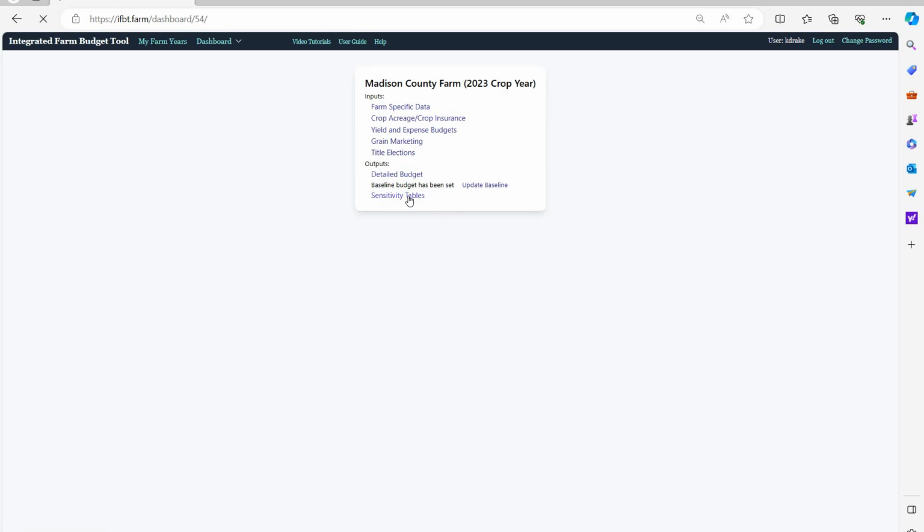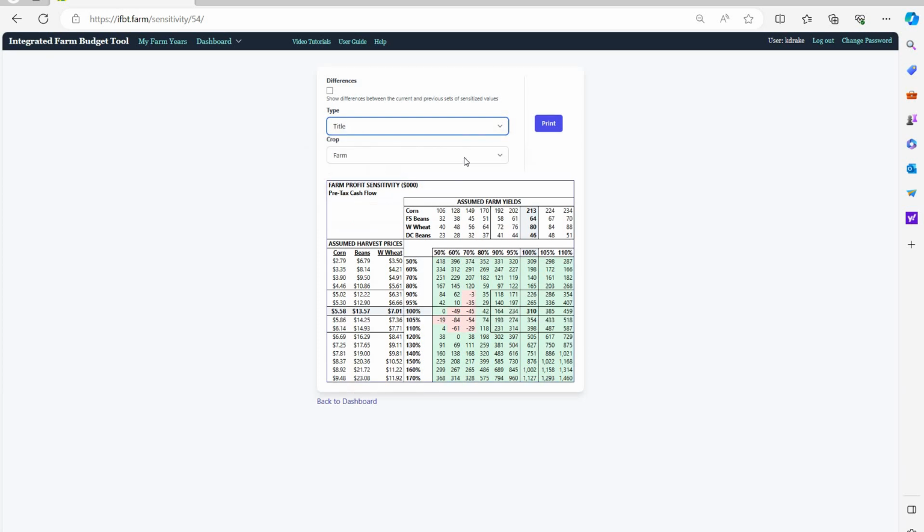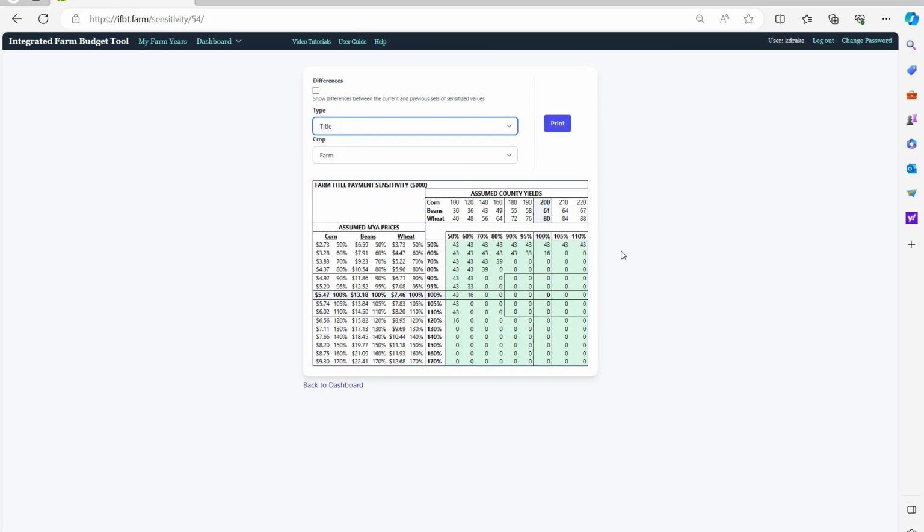Run our sensitivity tables. Just look at title. And we put all of our title acres for beans into ARC-CO. This is the payment stream that would be made. And you can see, once again, pretty far out of the money from where we are today.